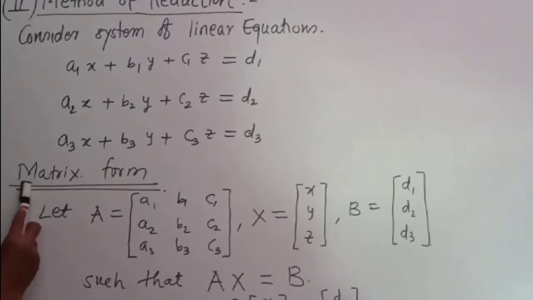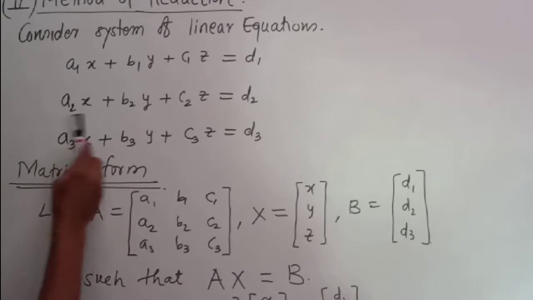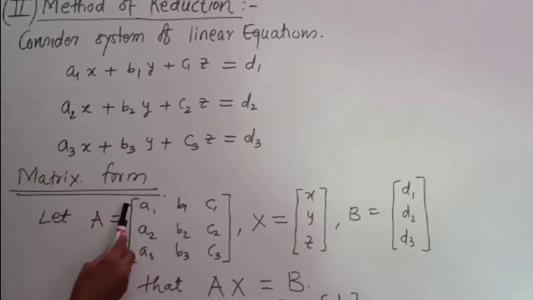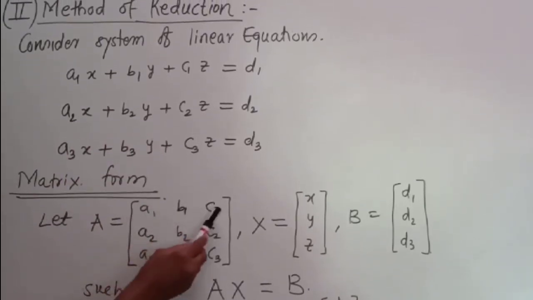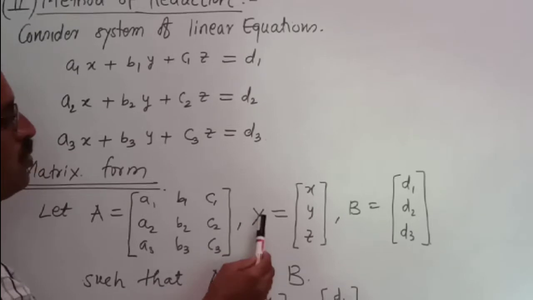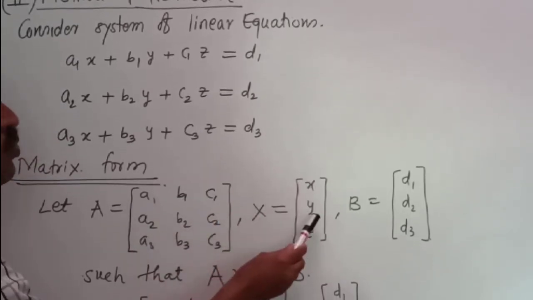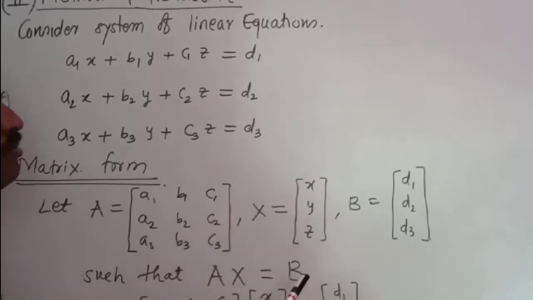Similarly, here also the matrix form is: we consider matrix A equal to the coefficients of x, y, z, that is A equals a1, b1, c1, a2, b2, c2 and a3, b3, c3. Then capital X is equal to x, y, z. This is a column matrix.